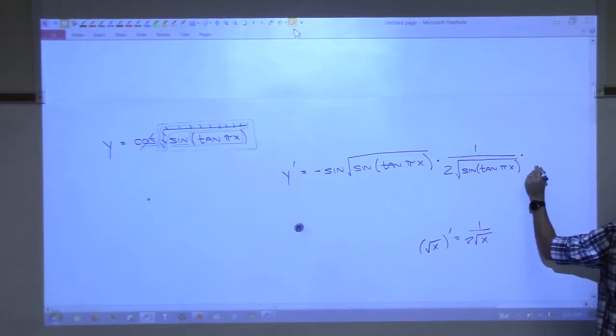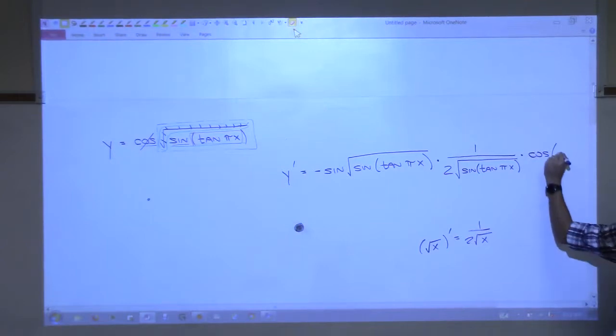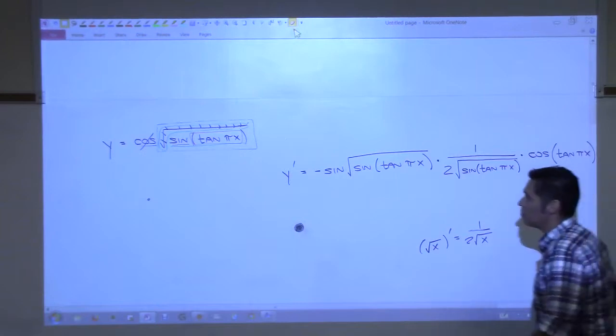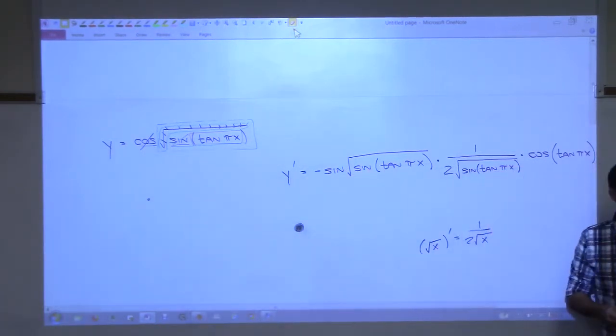And derivative of sine is cosine. And inside of that goes the red box, tangent pi x. I'm going to run out of room here. Still going, because all we've done now is taken the derivative of sine. So now we go inside and take the derivative of tangent of pi x.